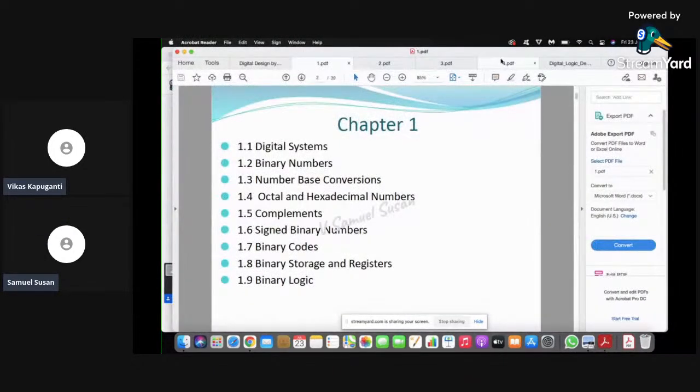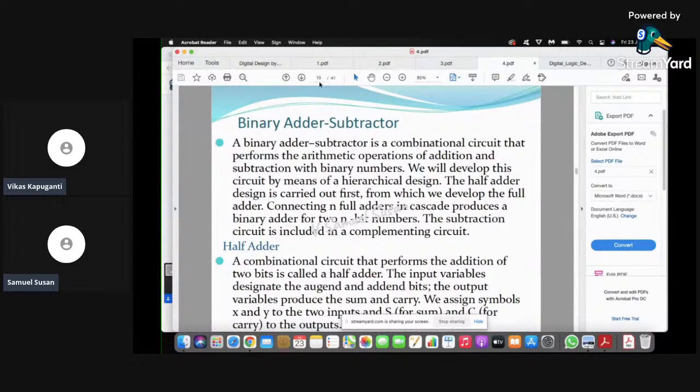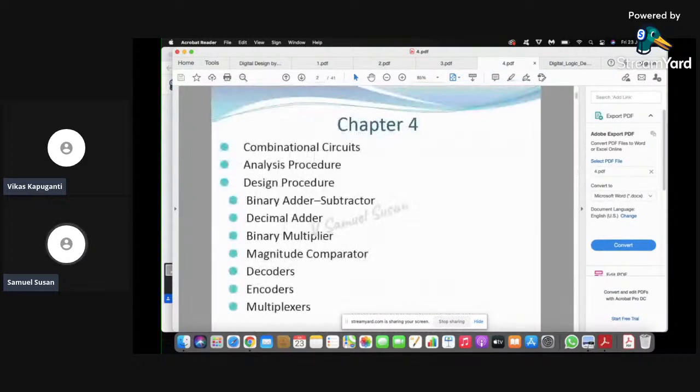If there are no questions from this one, you can go to the fifth one, which is flip flops. What I'm showing right now is chapter 4, combinational circuits and analysis procedure.